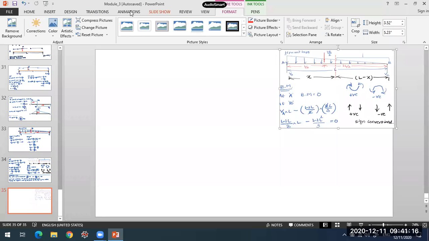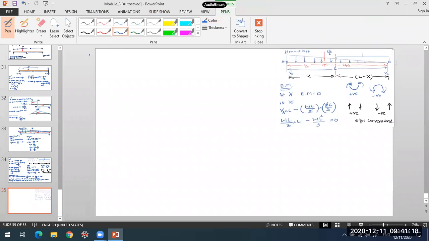Now we'll take that summation of forces. Okay, so shear force at a distance of L minus x from B. What will happen to the shear force at the distance of L minus x from B?